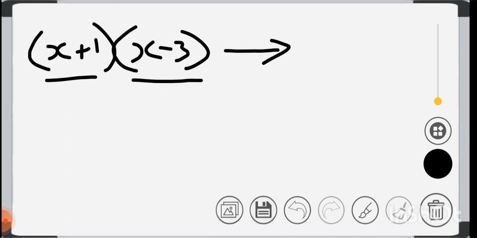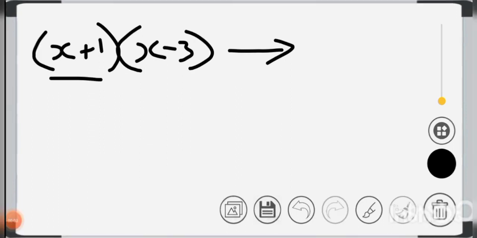This times this. We have 2 multipliers here. What degree is this one? Degree 1. Then what degree is this? Also degree 1, both of them are. So degree 1 plus degree 1 will give us degree 2.